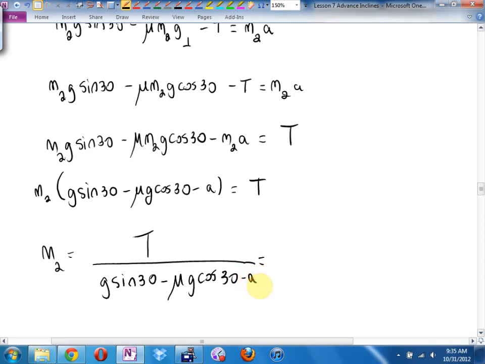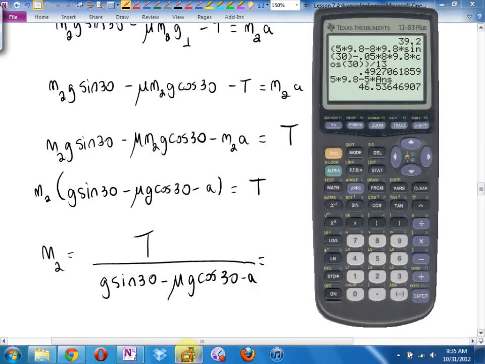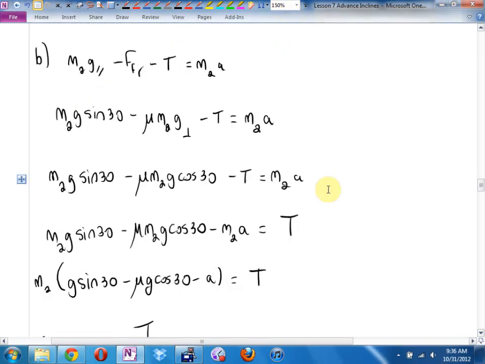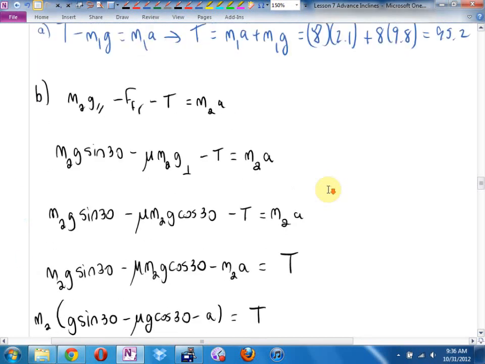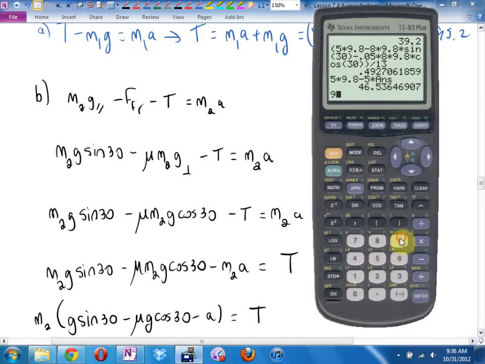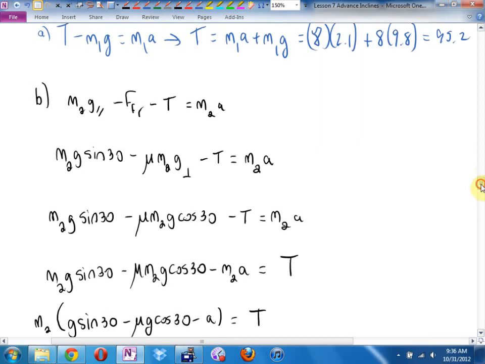Sheesh. Sloppy. Tension was 46.5364. Yeah? 95.2. Oh, you guys did the tension for me. That's right. 95.2 divided by bracket. I better scroll down a little bit here.